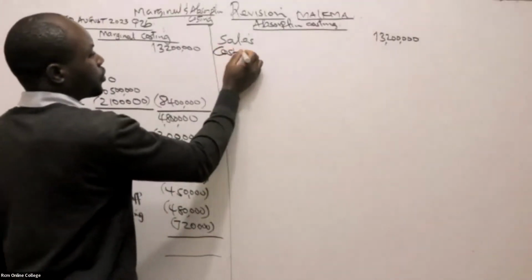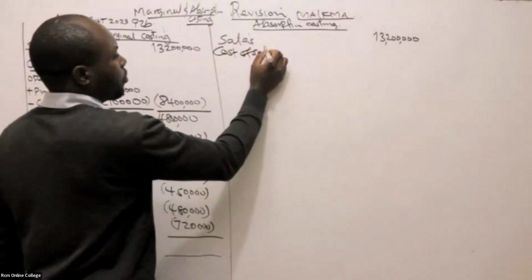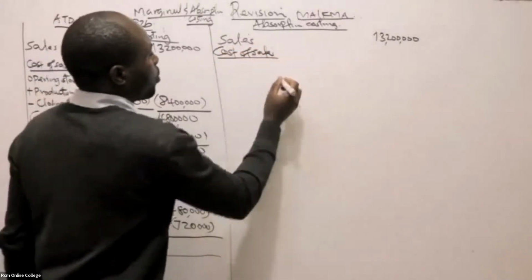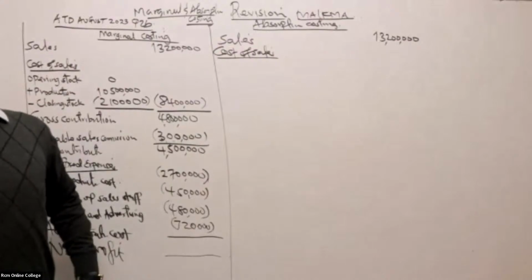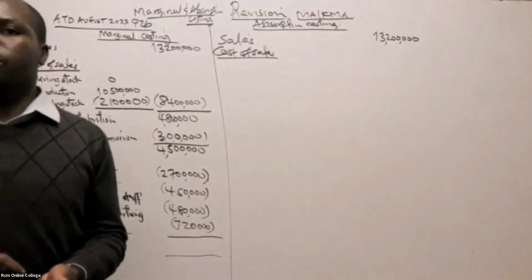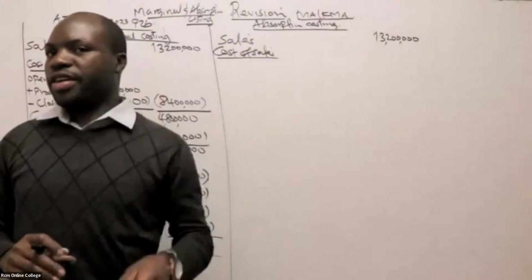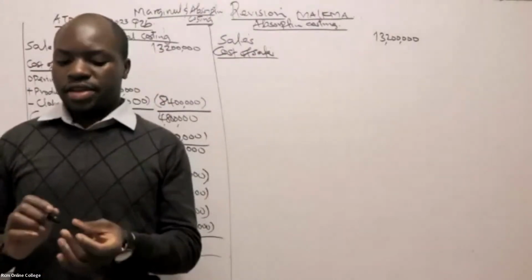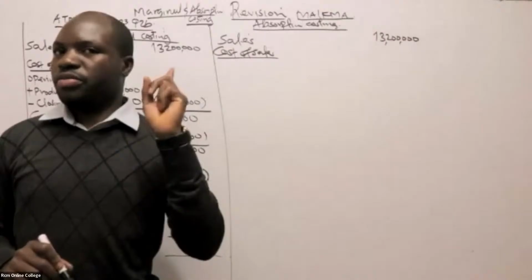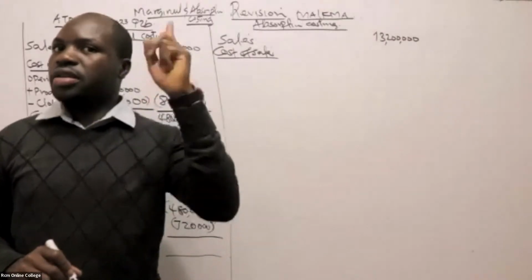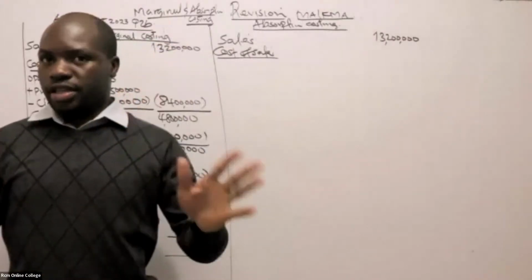Under cost of sales, remember, under absorption costing, we include the fixed production overhead as part of product cost. The moment you bring in fixed production overheads or fixed expenses, we no longer call it contribution margin. We now call it gross profit, net profit.